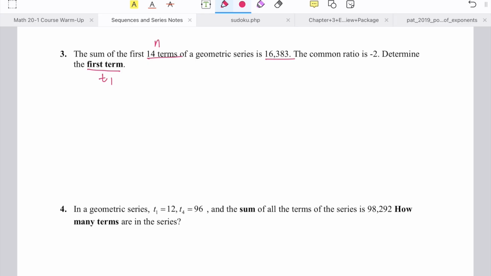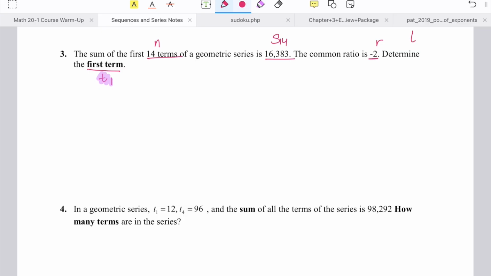We have our S14, which is 16,383, and common ratio R, which is -2. What formula can we use for this? The second one. But would it be beneficial for us to use the first one, because we are finding T1? Then yeah, if you said so.